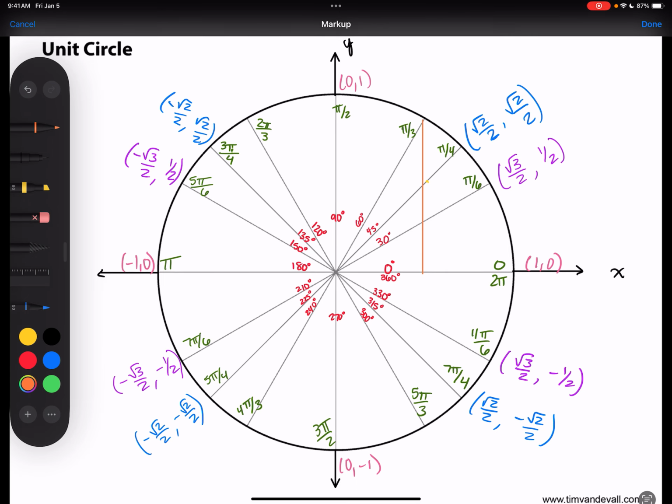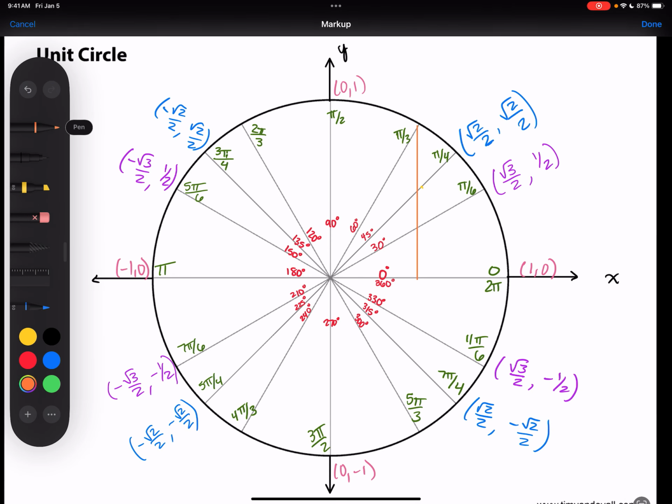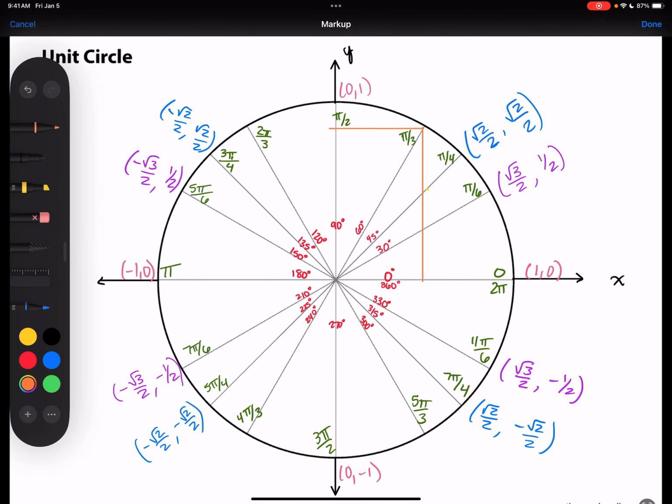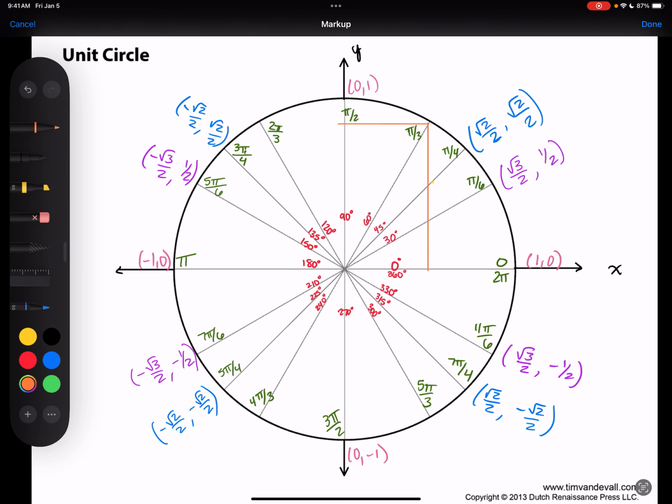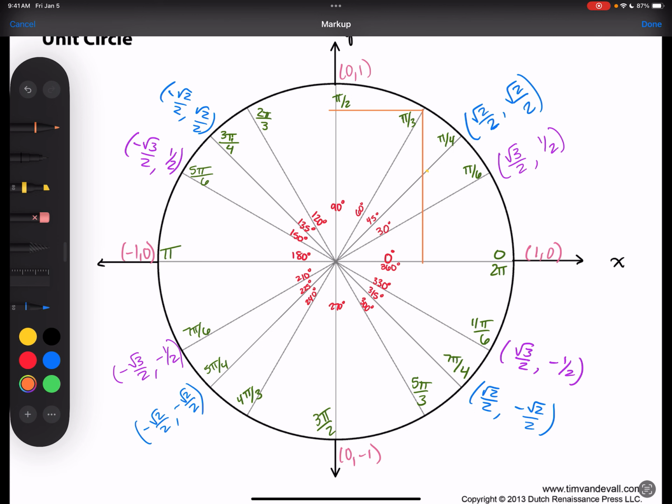So now my x value is halfway between, and my y value is up here almost to 1. And so that's going to be the root 3 over 2. So these are just swapping. So they're 1/2 and root 3 over 2. All the way around.